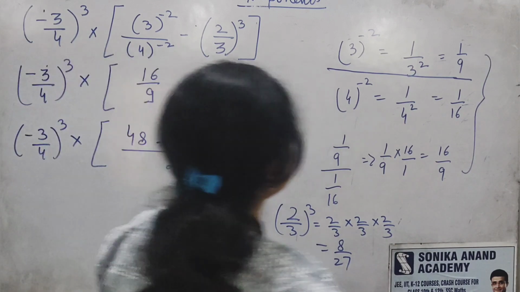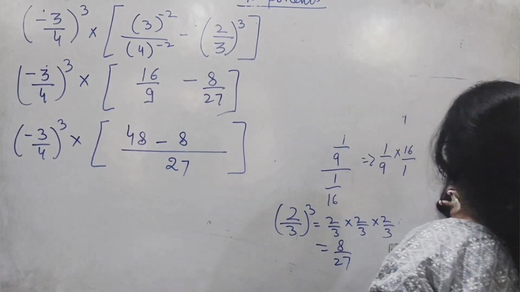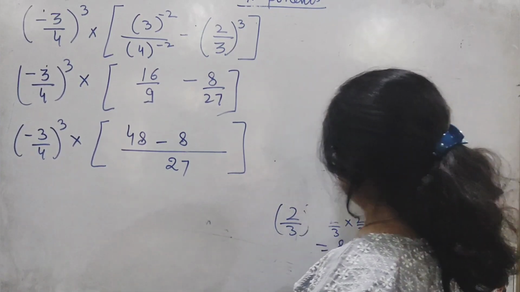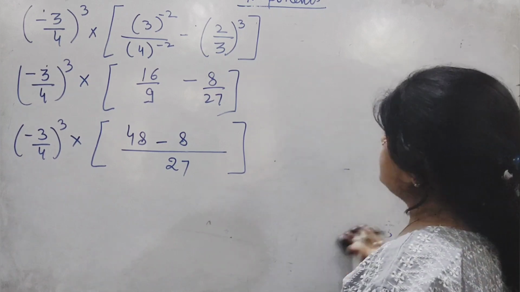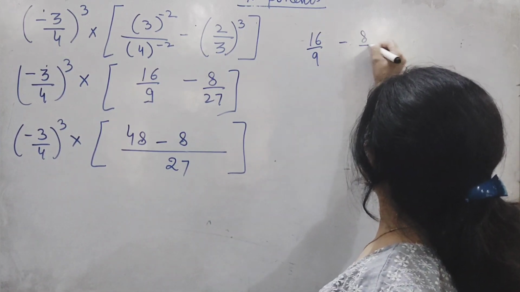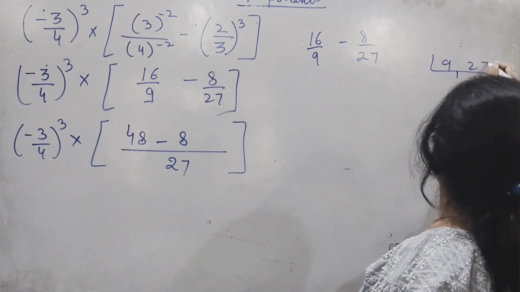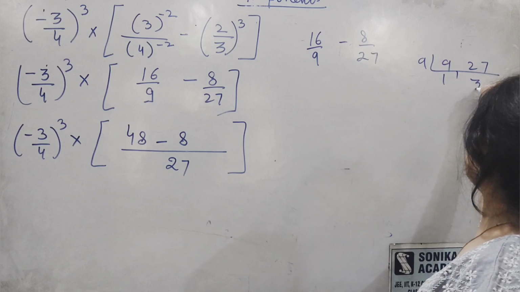Detail. See, we have 16 by 9 minus 8 by 27. First step, find the LCM. 9 ones are 9, 9 3s are 27.